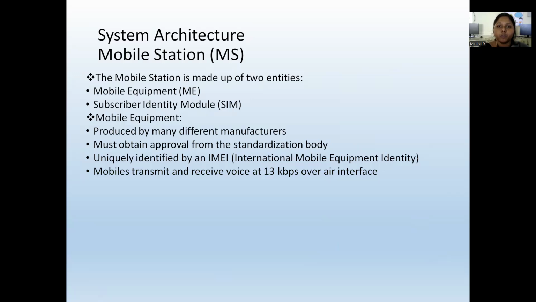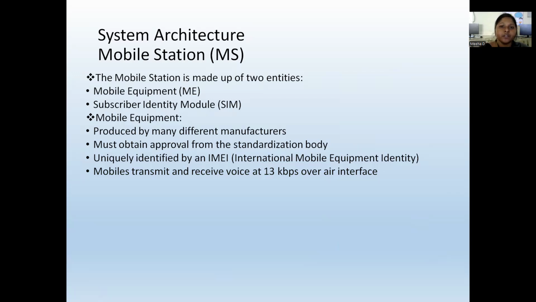For example, the mobile phone you are using is a mobile station. The mobile equipment is manufactured by different manufacturers, and then you have the SIM. The identity has a specific IMEI number.